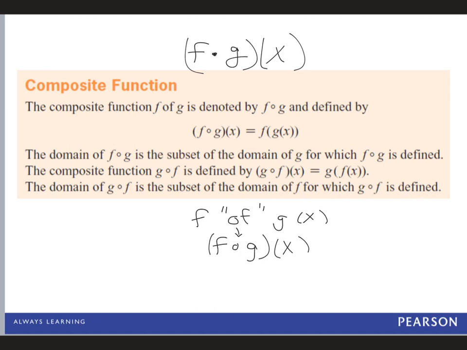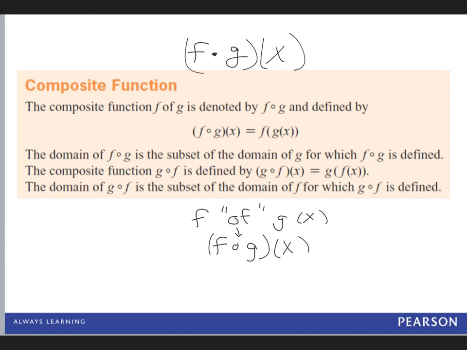So it's very important that you pay attention to that detail, because if it's a solid dot, you're going to be multiplying those two functions. But if it's open like this, we do something entirely different. And what that different thing is, is that we find g of x, and then we use g of x for the input of function f. That's all it means.